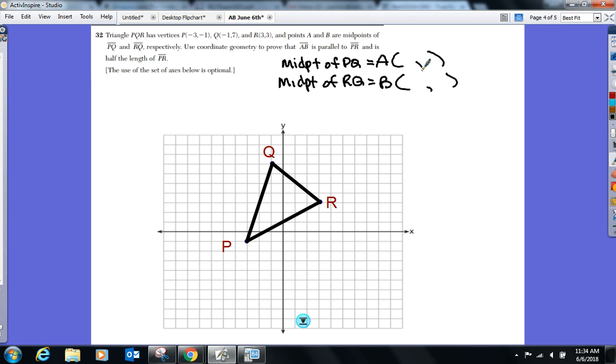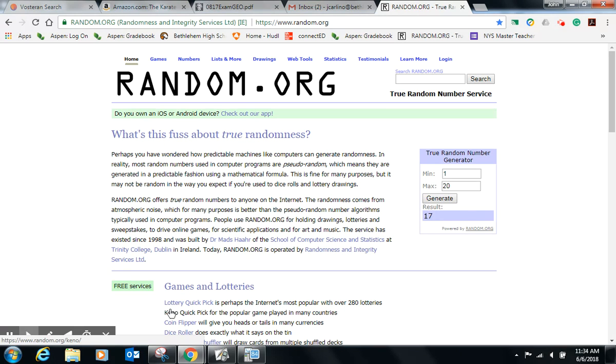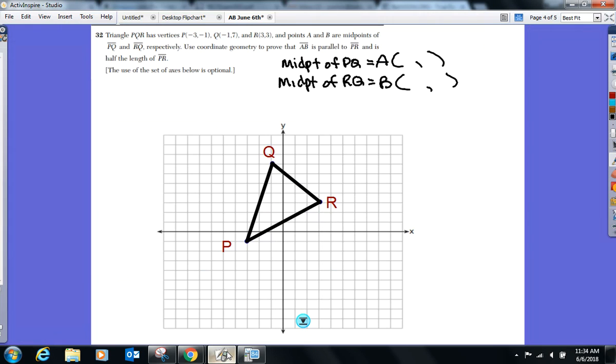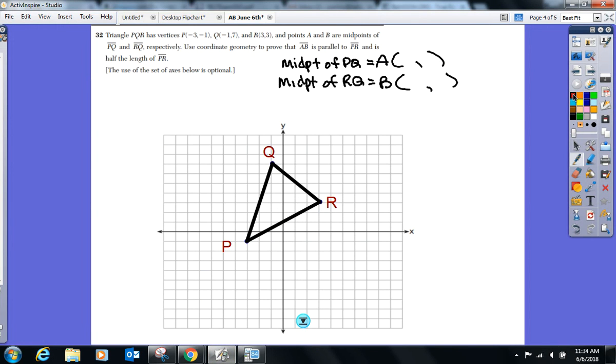All right, point A and point B. What are my midpoints here? Here you go, 16 when you're ready. Whenever you get it, I'll take point A first, or whatever point you have.